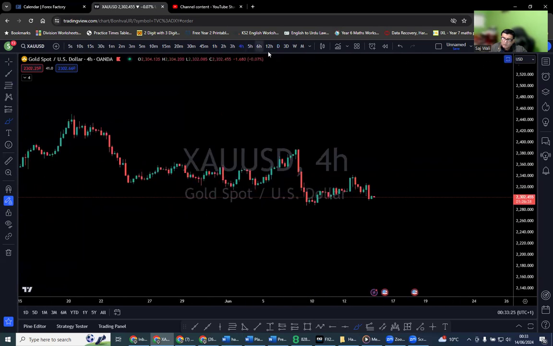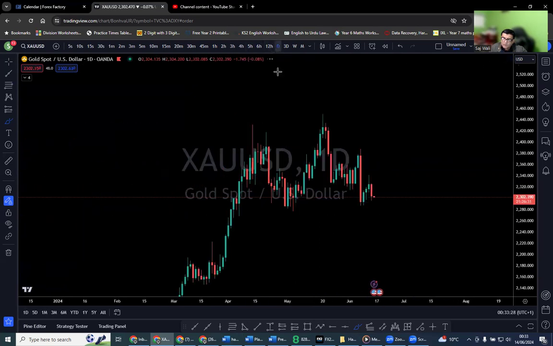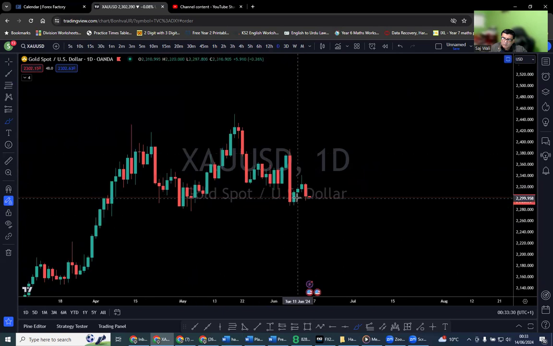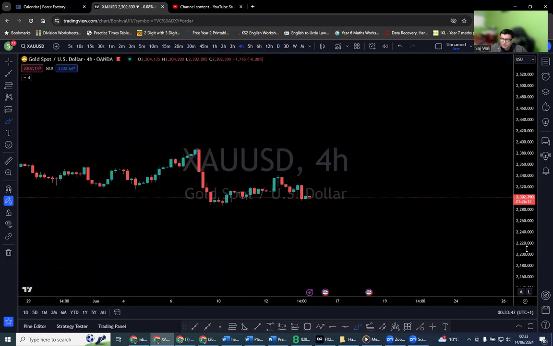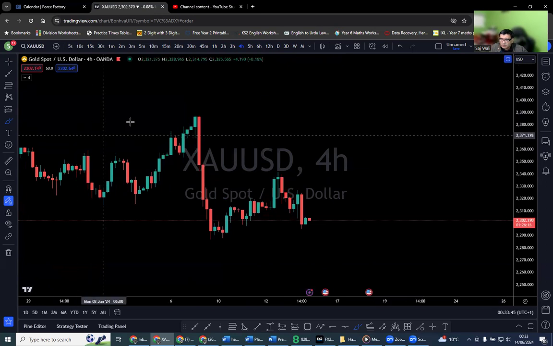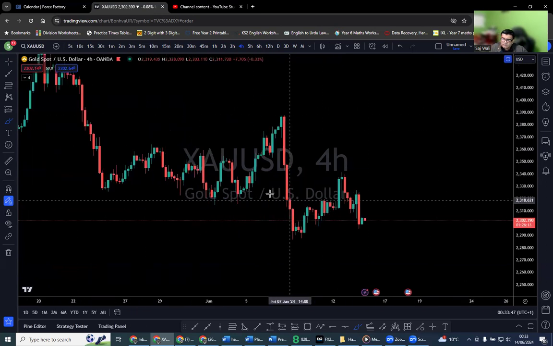Now in 4 hour, the market kept going for 1 to 3 days in a row until it reached this level. Let's see how the market moved on this.